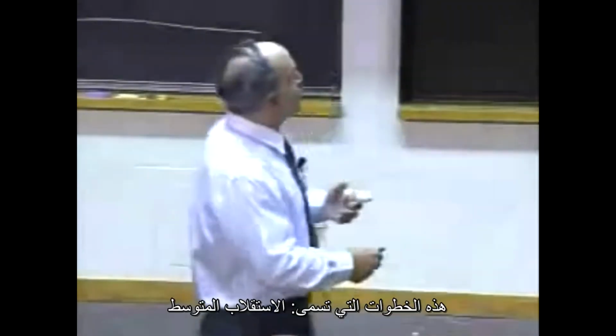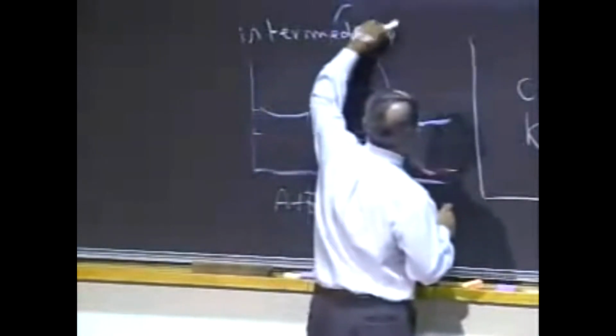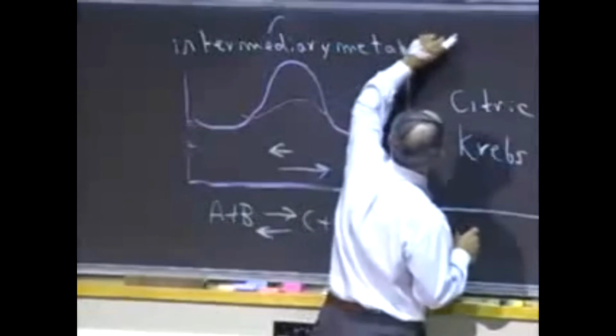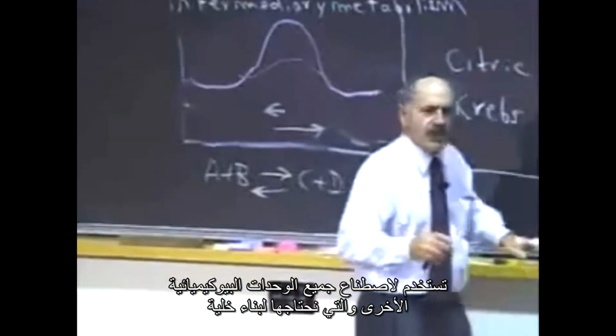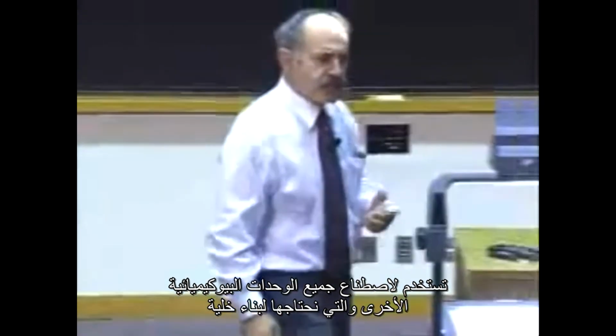And so the process of biosynthesis involves not only the creation of macromolecules, but these steps of what is called intermediary metabolism, which are used to synthesize all the other biochemical entities that one needs to make a cell.